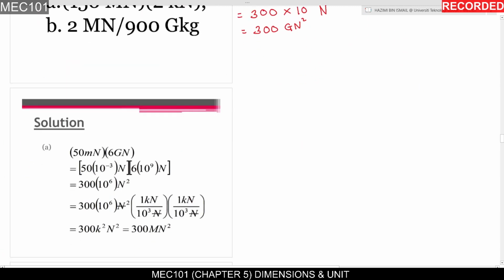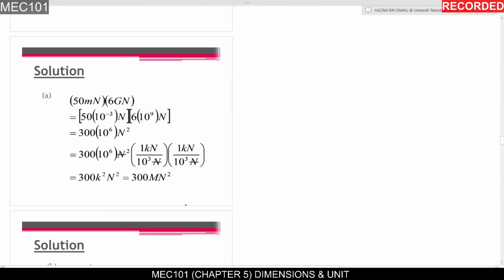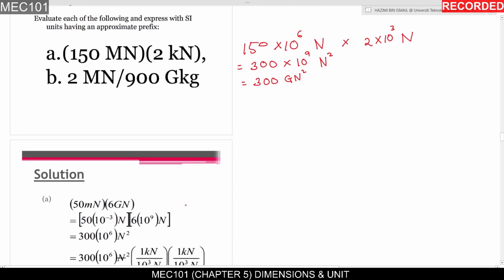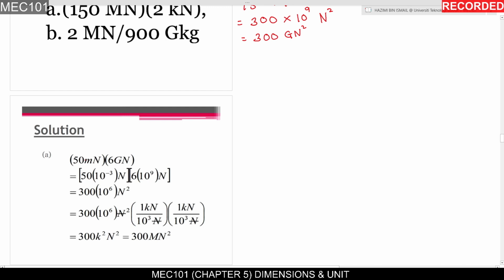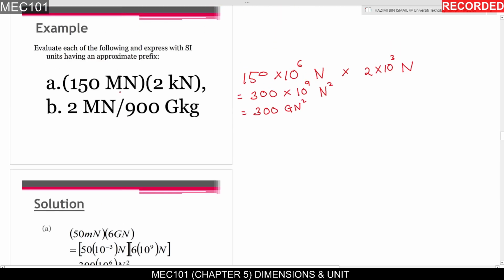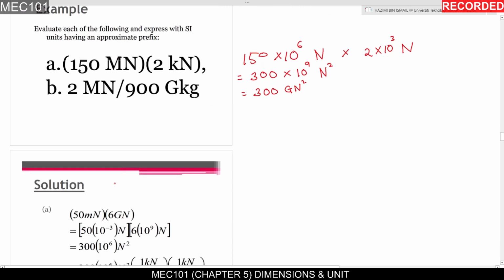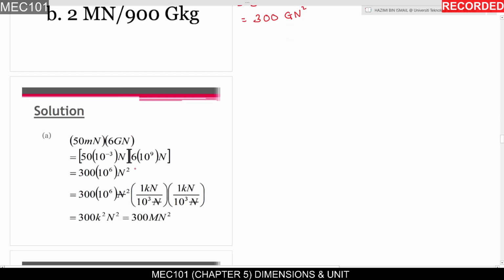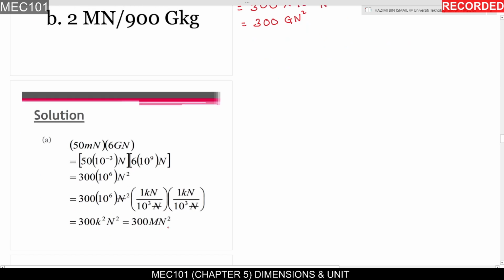Okay, so here the solution is wrong, because here they put milli, but the question itself shows mega. If this is a small m, it means milli, so this is the answer.